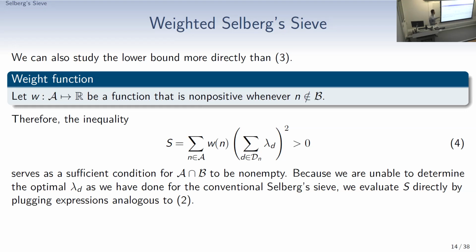However, here we can't, because the optimization problem depends on the shape of this weight function. We cannot really choose lambda as we did before. As a result, we just pick the function randomly and then see whether we can get S greater than 0. And by randomly, I mean any function.